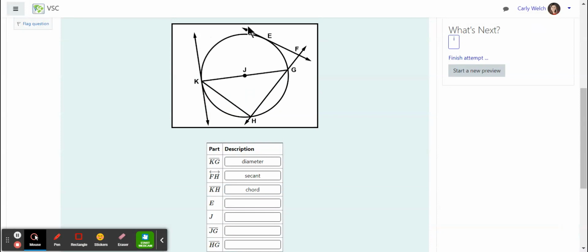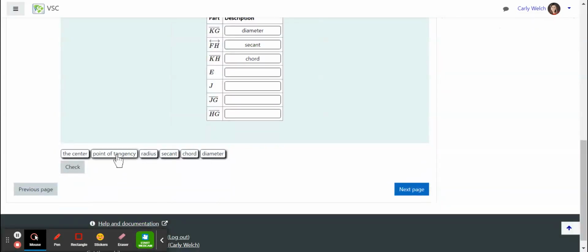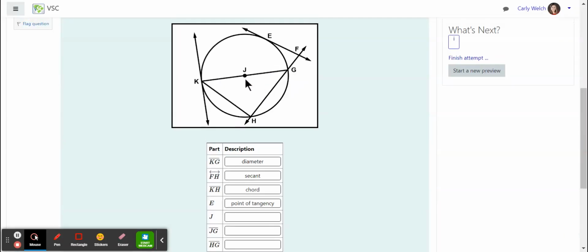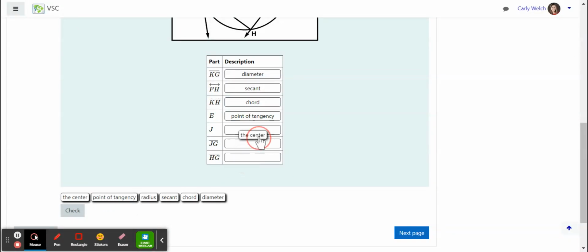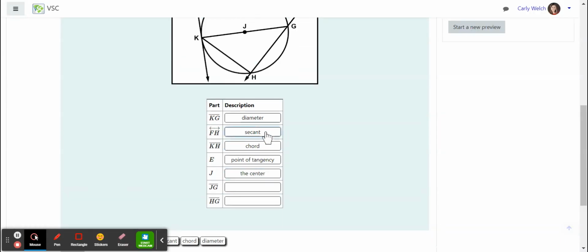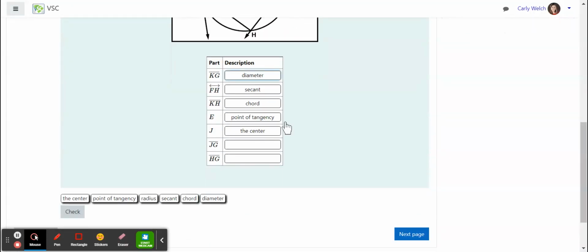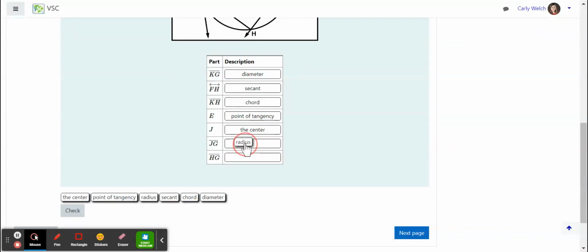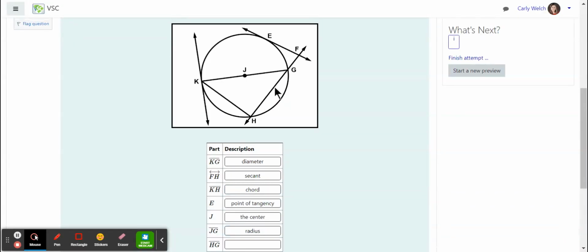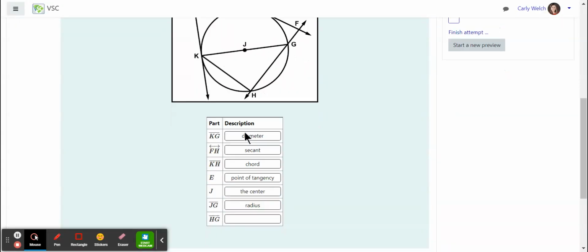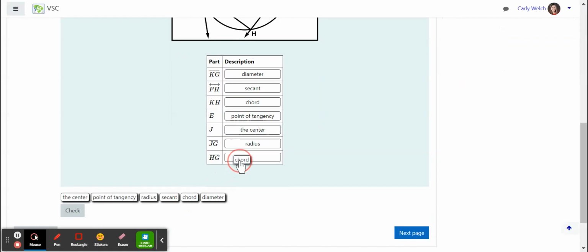E is a point on the edge of the circle where this line comes in contact. That is your point of tangency. J is at the center of the circle, so that's the center. JG, half the diameter, is the radius. And HG, again, endpoints are on the edges of the circle. That is a chord.